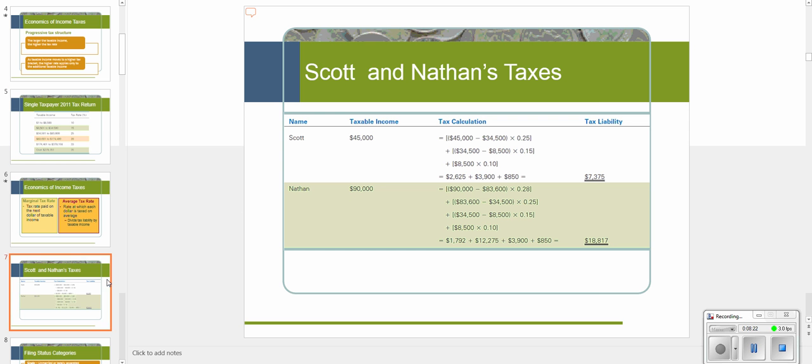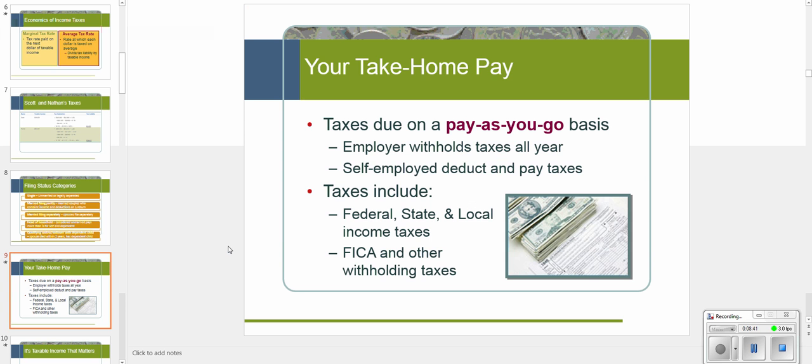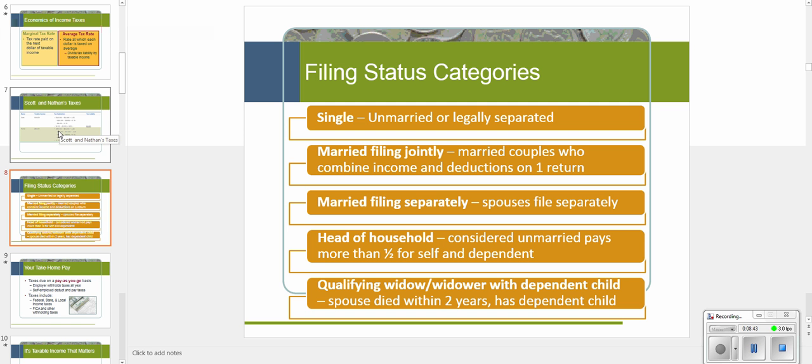So when we do that, we come up with 18,817. And it's tax brackets, okay? And that gives you your tax liability for the year, your federal income tax liability. Not Social Security, not Medicare. We all pay the same amounts, same tax rates for that. This is you paying your income tax on the money that you make.